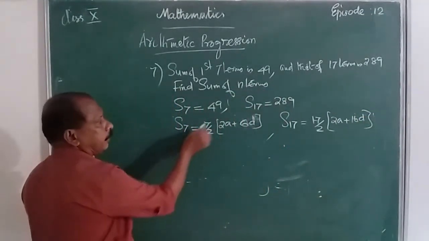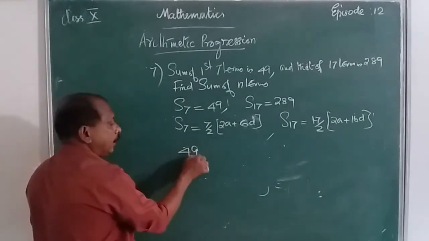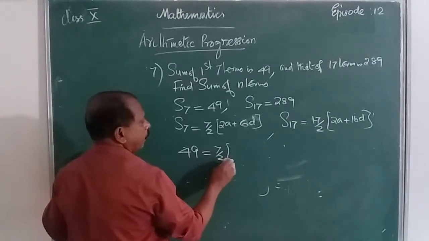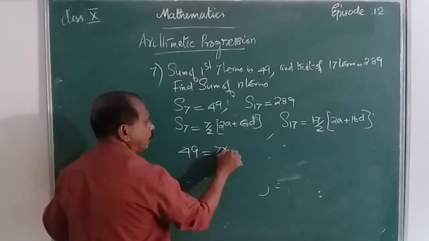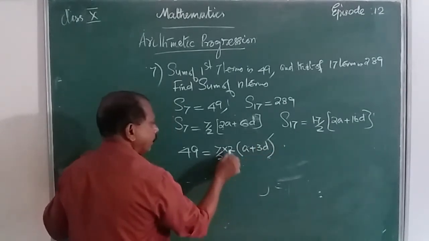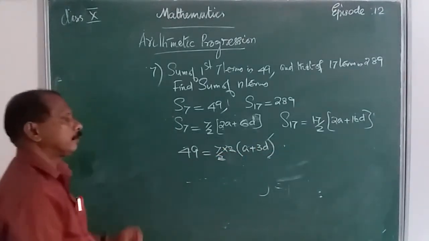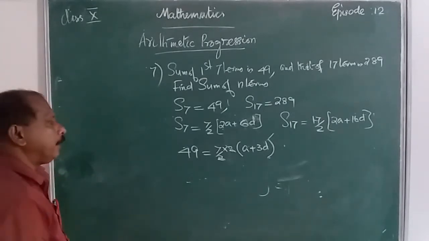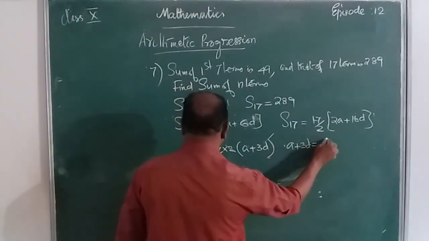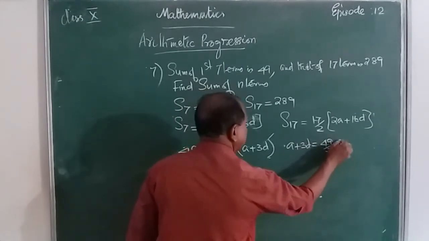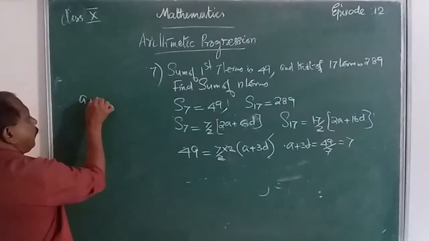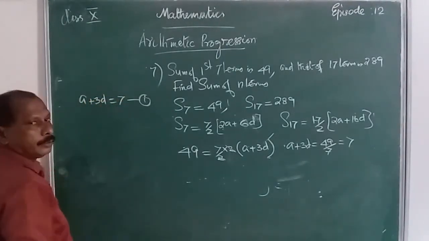What is S7? 49. 49 is equal to 7 by 2 into, we take the 2 as common, into a plus 3d. These two cancel. 49 by 7, that is a plus 3d is equal to 7.